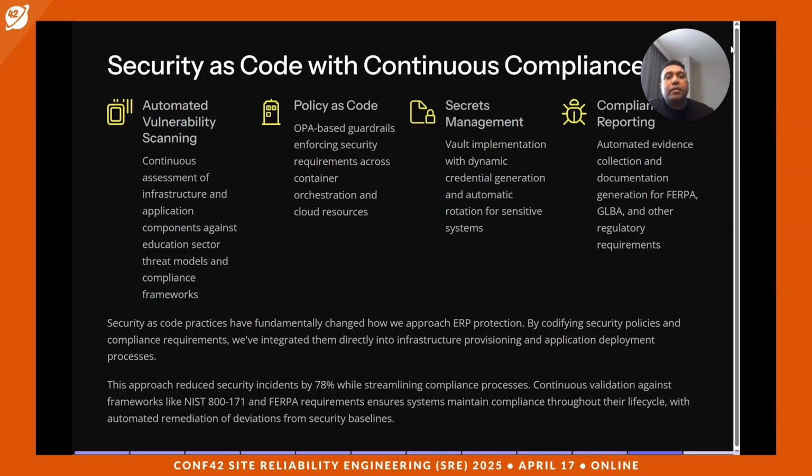The third one is secrets management: Vault implementation with dynamic credential generation and automatic rotation for sensitive systems. Next is compliance reporting: automated evidence collection and documentation generation for FERPA, GLBA, and other regulatory requirements.